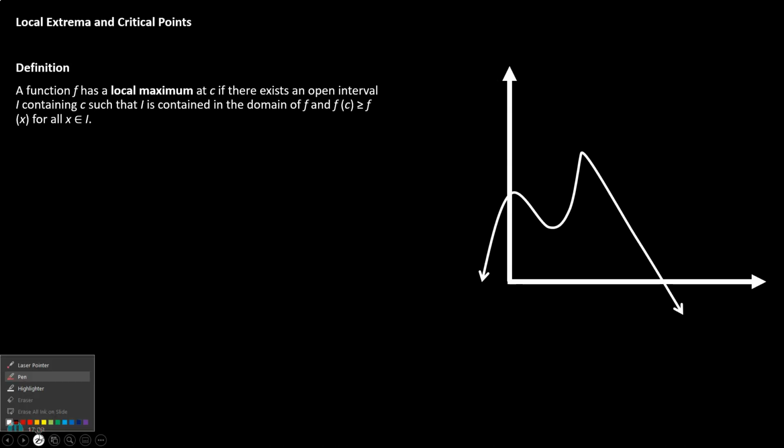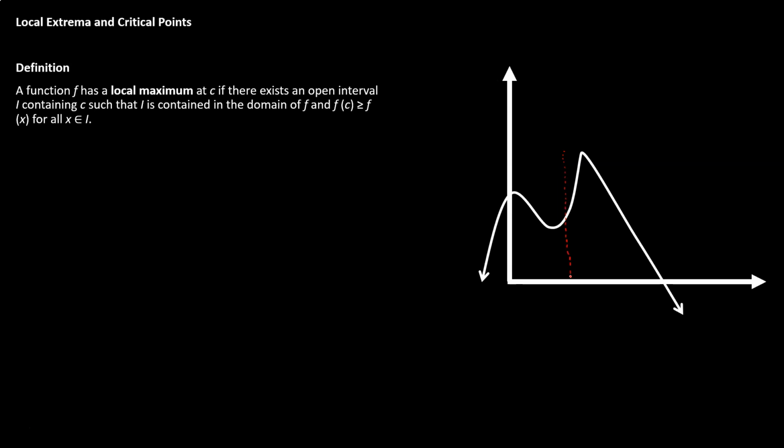We've got a graph here, and it's just kind of a rough sketch, but taking a look, if I were to make an interval around these red dashed lines and tell you to only look within that interval, you would likely say that this hilltop is a maximum.